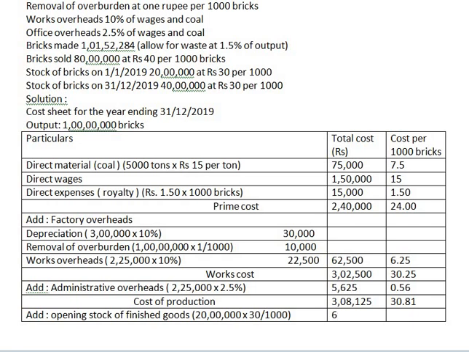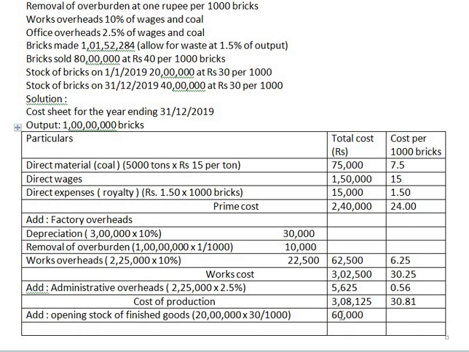You will get 60,000. Fine. Okay. Now add this. That is, it will be 3,68,125. Right?